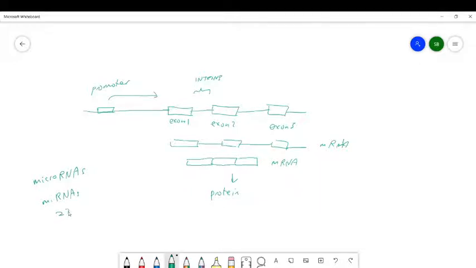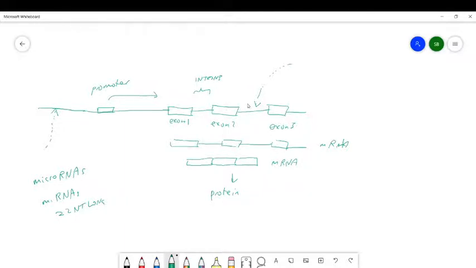These are about 22 nucleotides long, and they can be encoded either somewhere in the genome or quite often in one of the introns of a gene. How do they work?